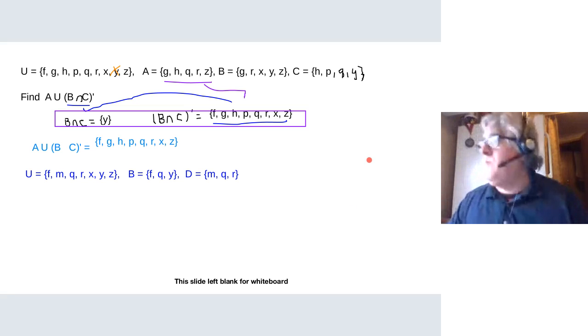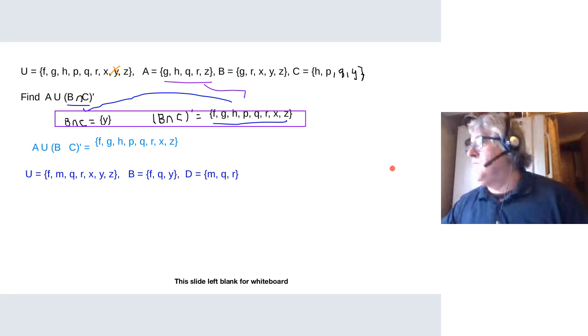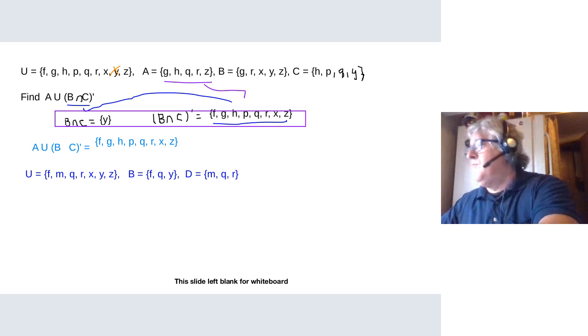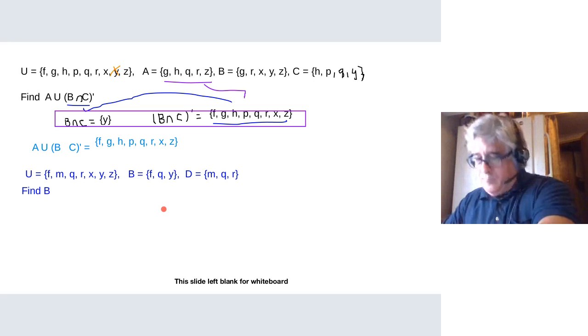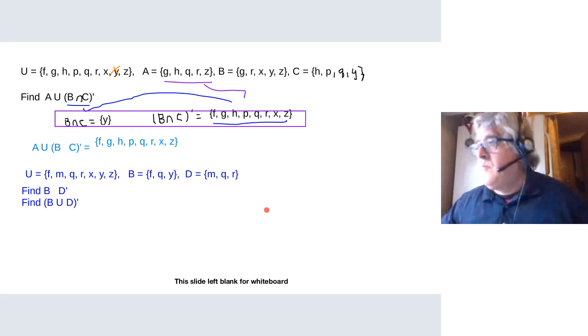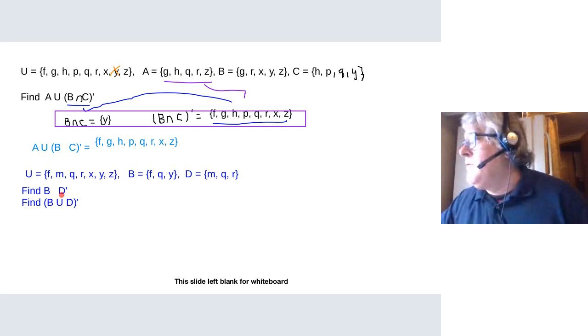All right, so this one needs the little doohickey on the inside.